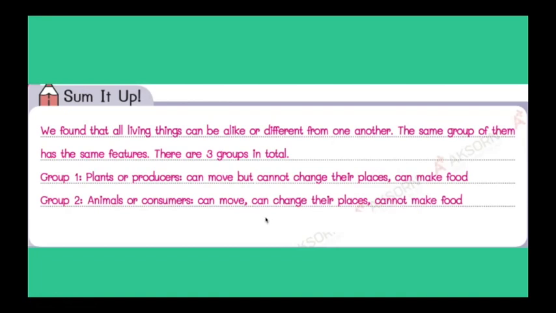So animals or consumers can move, can change their place, cannot make food. Consumers, they eat other living things. Repeat after me. Animals or consumers can move, can change their places, cannot make food.